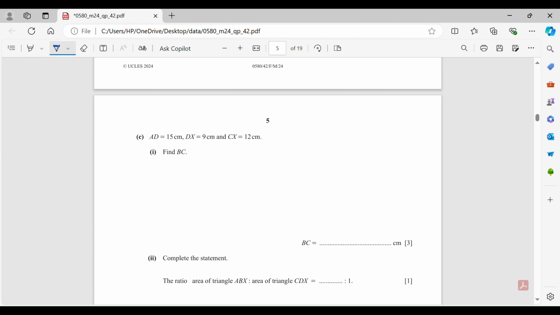Now, in the above part we have already proved that triangle ABX is similar to triangle CDX, then their lengths are in proportion to each other.